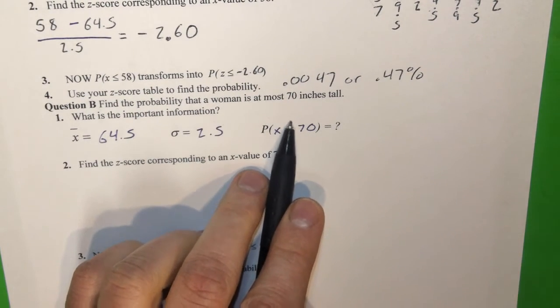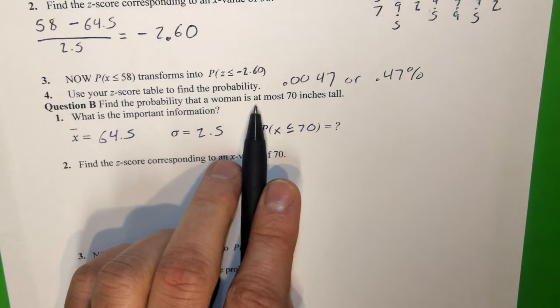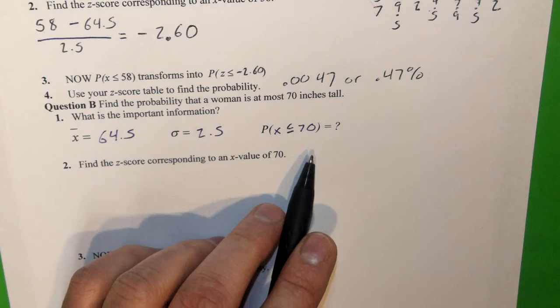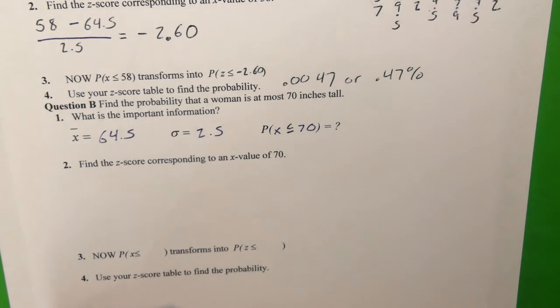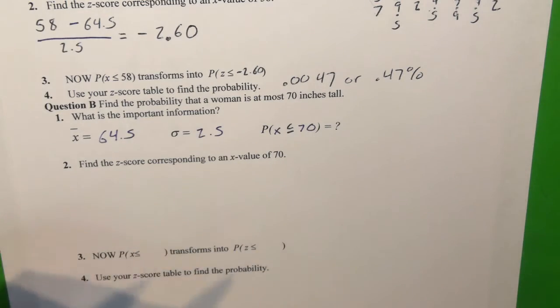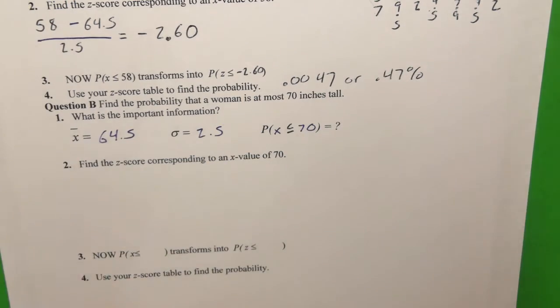We're also interested in any woman that would be less than 70. That's what the at most part means. So that could also include a lot of average height women, and it would also include some of the shorter women that we have in our study as well. So this question is asking for a large quantity of women. We should expect to get a percentage that is much higher than our last answer was.